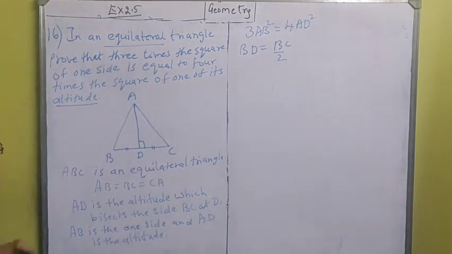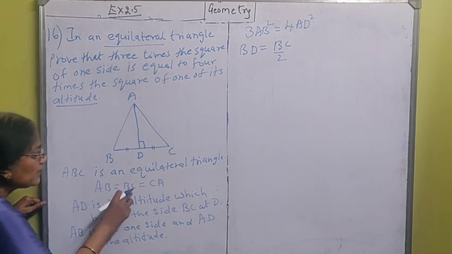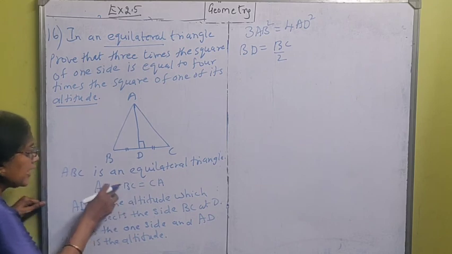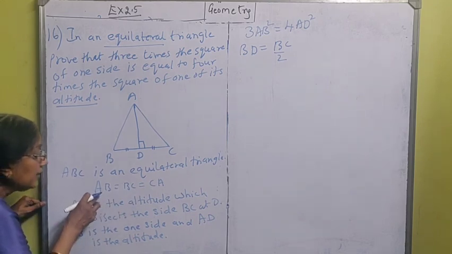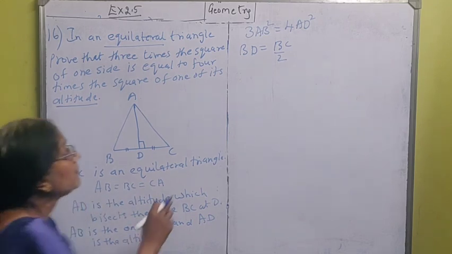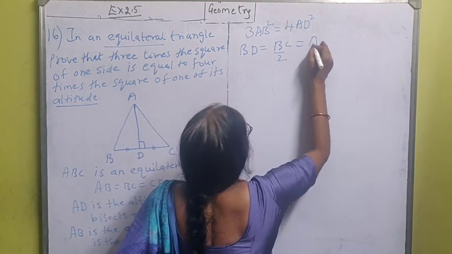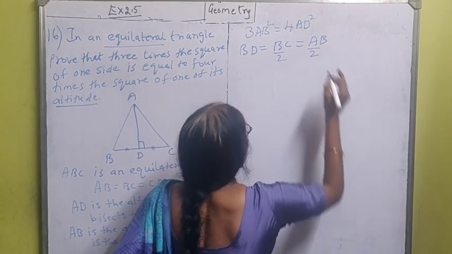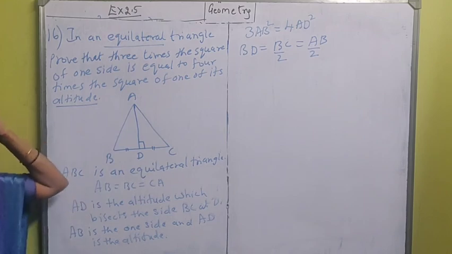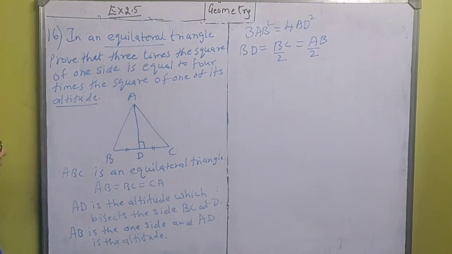BC by 2 means I have told AB is equal to BC, so BC I can express in terms of side AB. So I can take BC by 2 as AB by 2.